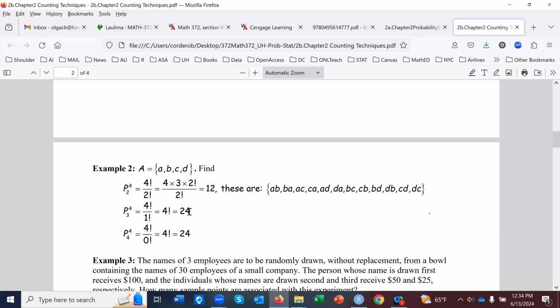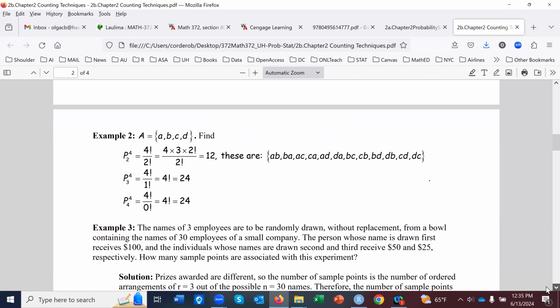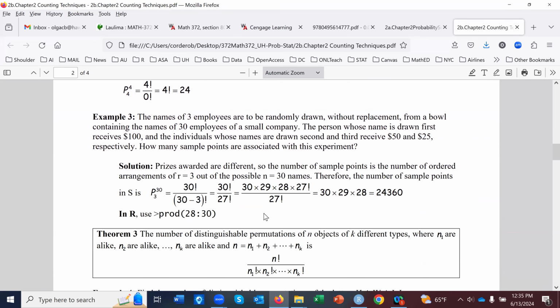Okay? And this, by the way, I'm not going to list the 24 of them in any case. Now, this is an example where the names of 3 employees are to be randomly drawn without replacement from a ball containing the names of 30 employees of a small company.